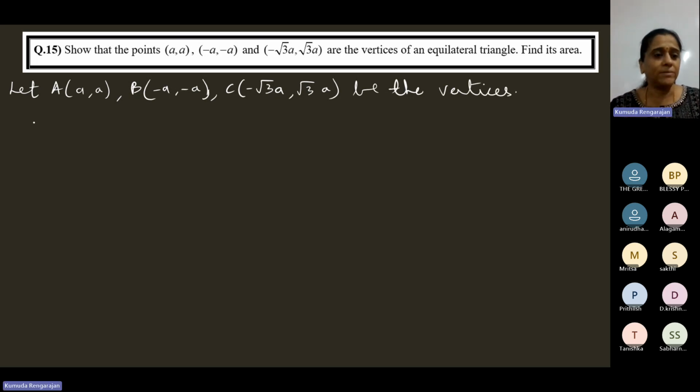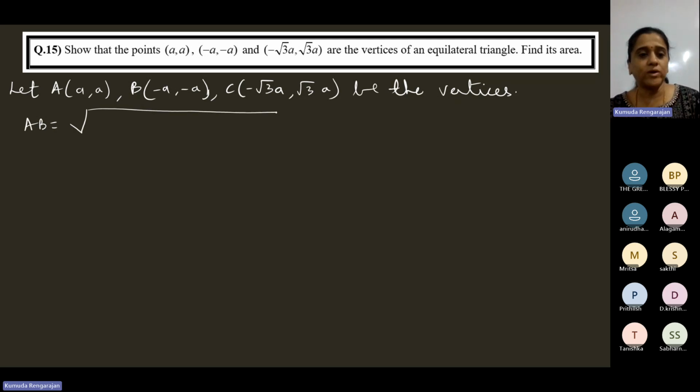Okay, now let's find AB. Well, how do you find AB? Square root. See, now you should not find AB squared. You should find AB only. When you have an equation, like AB is equal to CD, then you can write AB square is equal to CD square. Here you should find AB only. AB is equal to square root of, subtract the x coordinates, a plus a the whole squared, plus subtract the y coordinates, a plus a the whole squared.